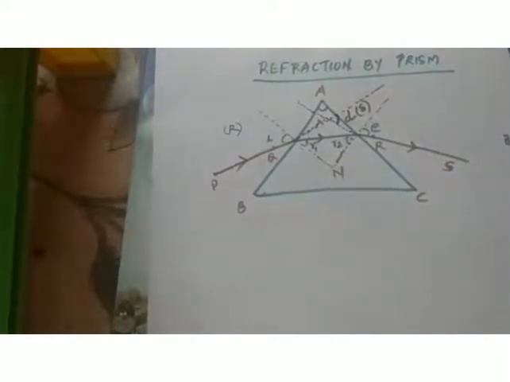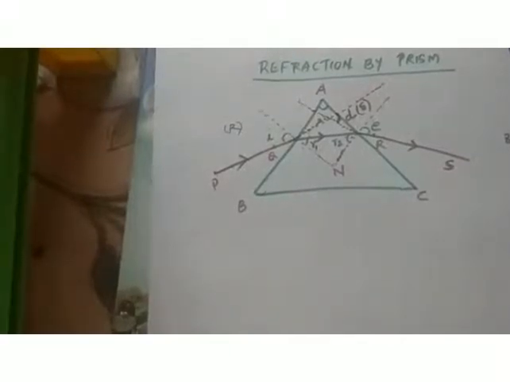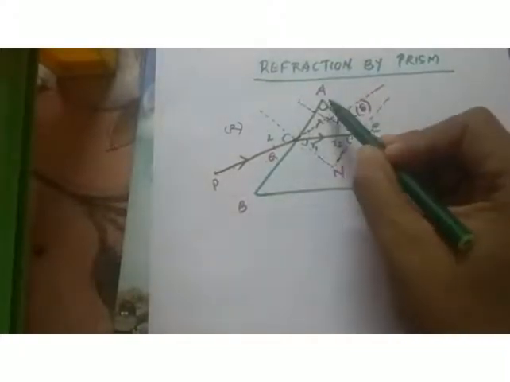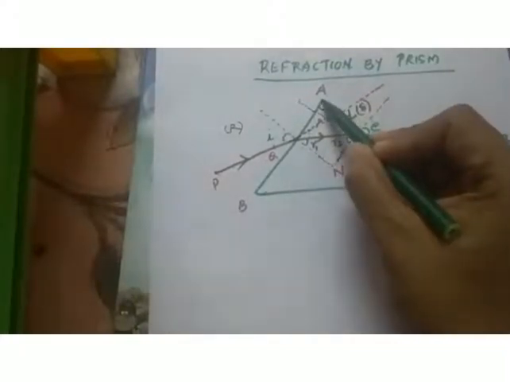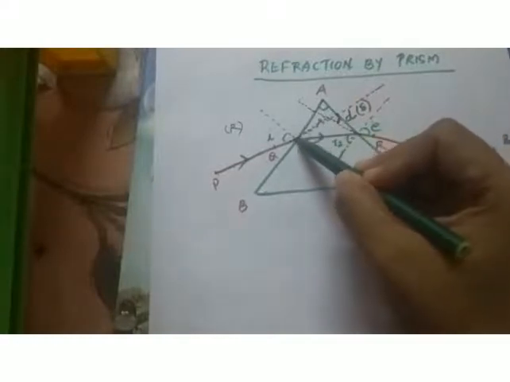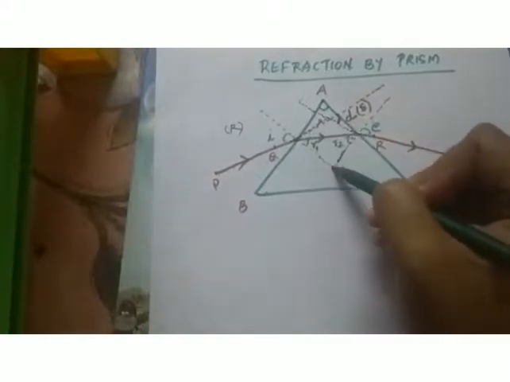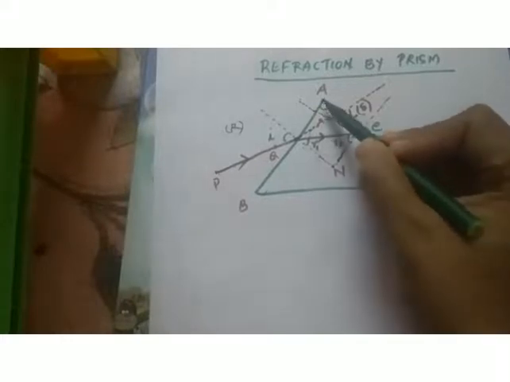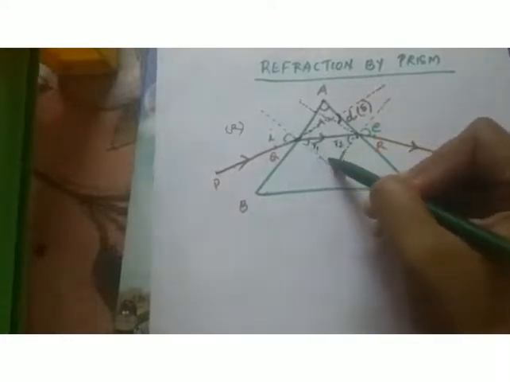Now, first we are going to derive an expression for the angle of deviation D. For that, we need to consider some quadrilaterals and triangles in this figure. So which is the quadrilateral here? Children, we are considering the quadrilateral AQNR.